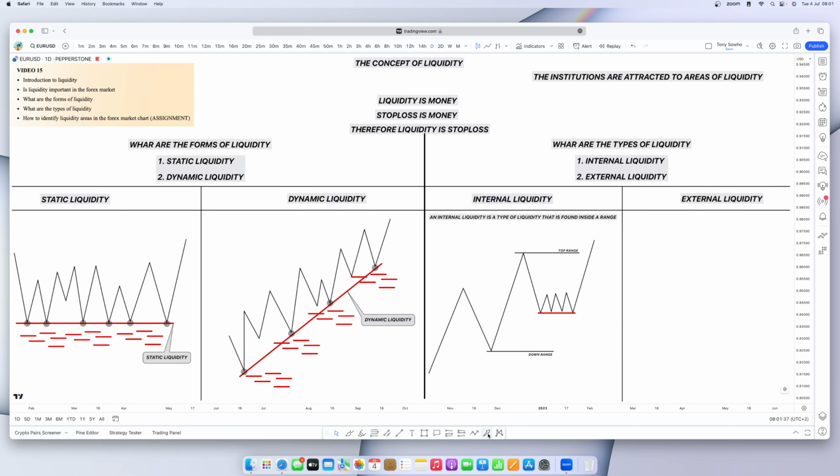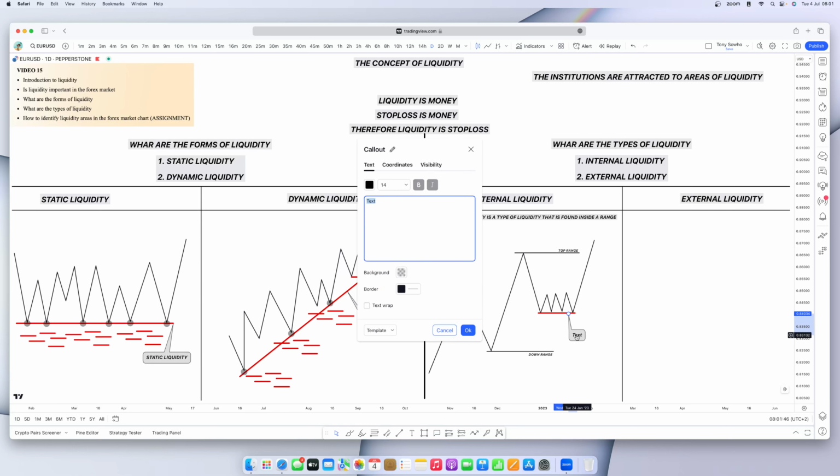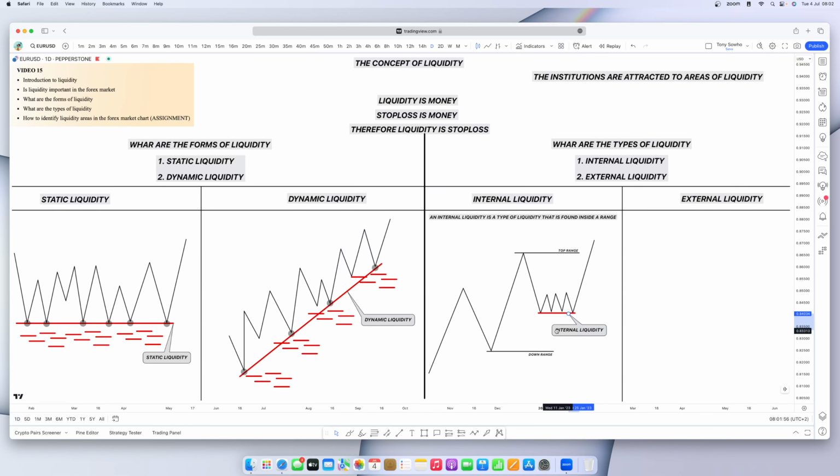See it now? This is an internal liquidity. So internal liquidity, exactly. This is an internal liquidity because the liquidity is inside a trading range.